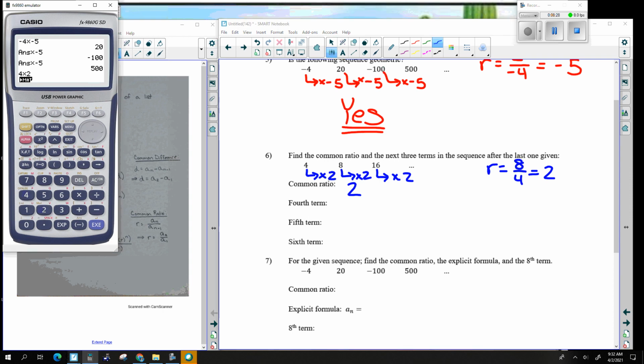So 4 times 2, times 2, times 2, etc. So that went from 16 to 32 to 64 to 128. So the next 3 terms would be 32, 64, 128, etc.